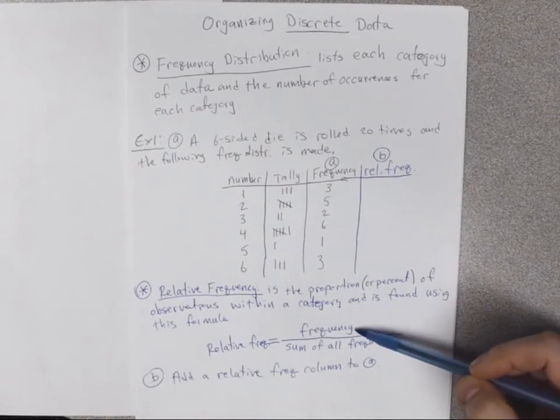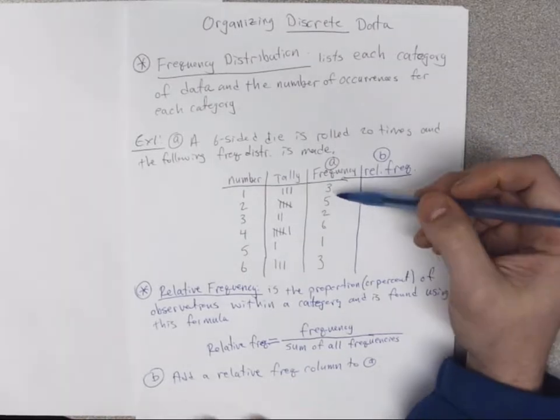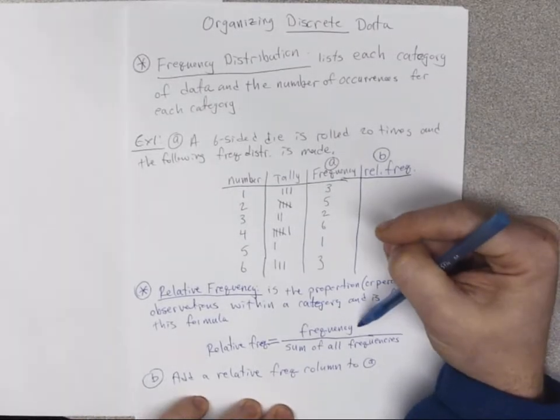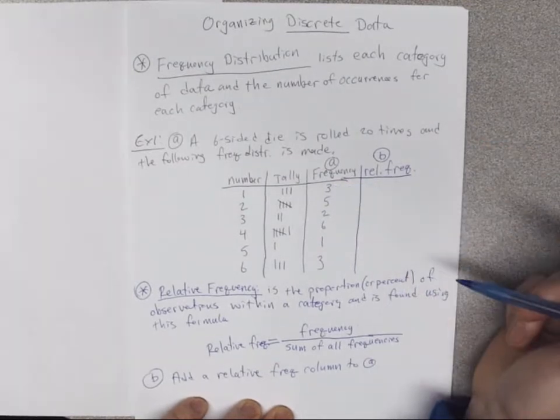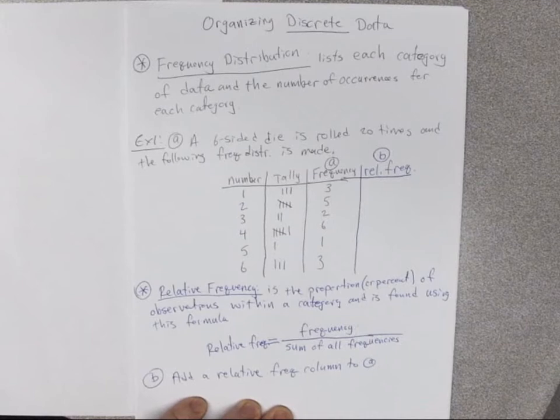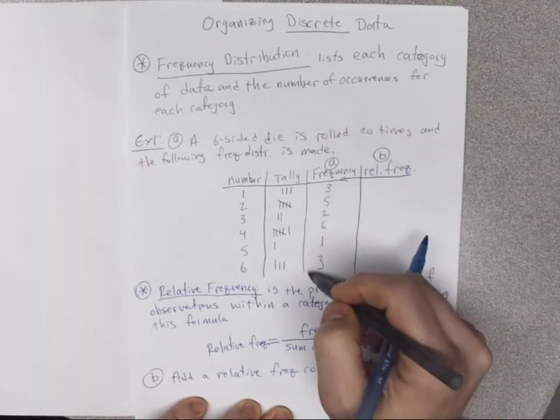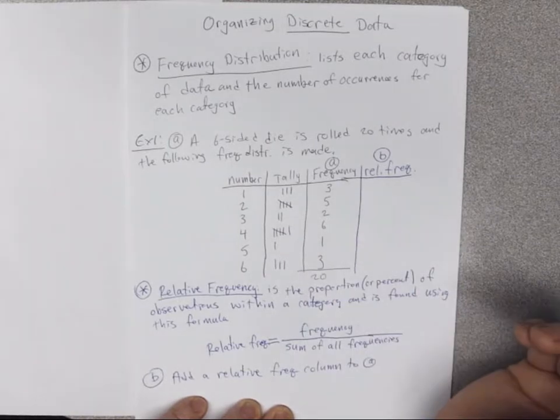We take the frequency, so let's start with number 1. We take how many times a 1 was rolled, which was 3, and we divide that by the number of all the frequencies, which we know was 20. It was already told to us up here, but you can also add all these up and notice that it equals 20.